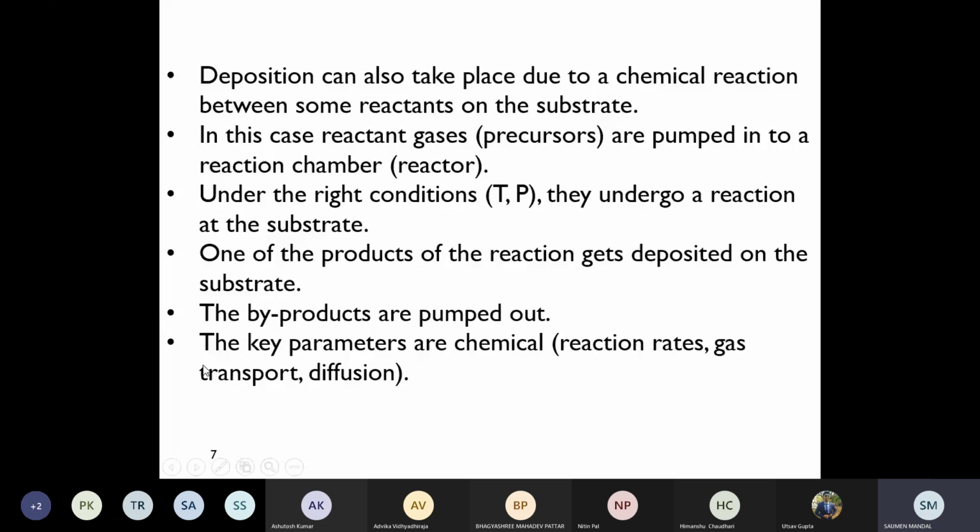Okay, and the key parameters are chemicals, the reaction rate, gas transport, and diffusion. So in terms of chemical reaction, the reaction rate is important, as are gas transport and gas diffusion. I'll explain later where the gas transport and gas diffusion play a role in this process.